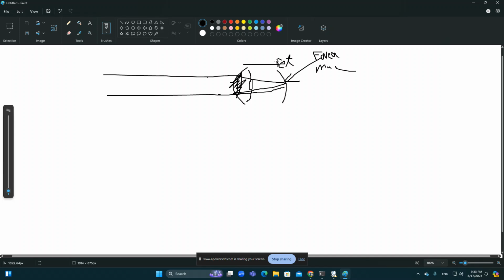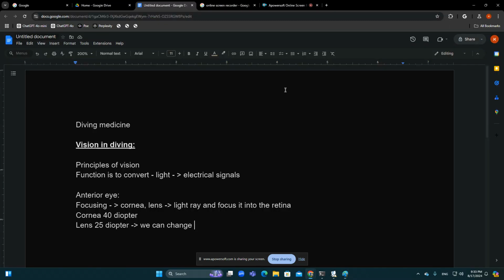Note that the whole length of the eye depends on the person, but it is about 2.5 centimeters. So we don't have too much room for the lens. We need a very strong one that can focus those light rays onto the retina. Okay.